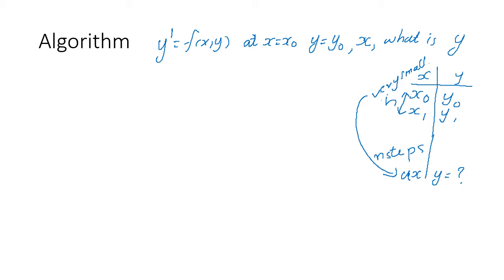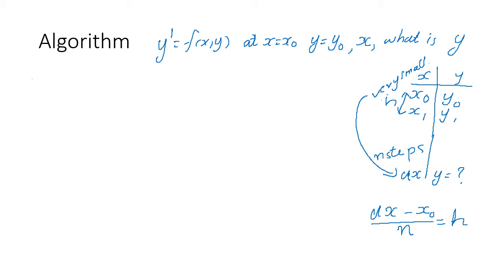Then to travel the distance ux minus x0, you are making n steps, so that your step size will be like this.